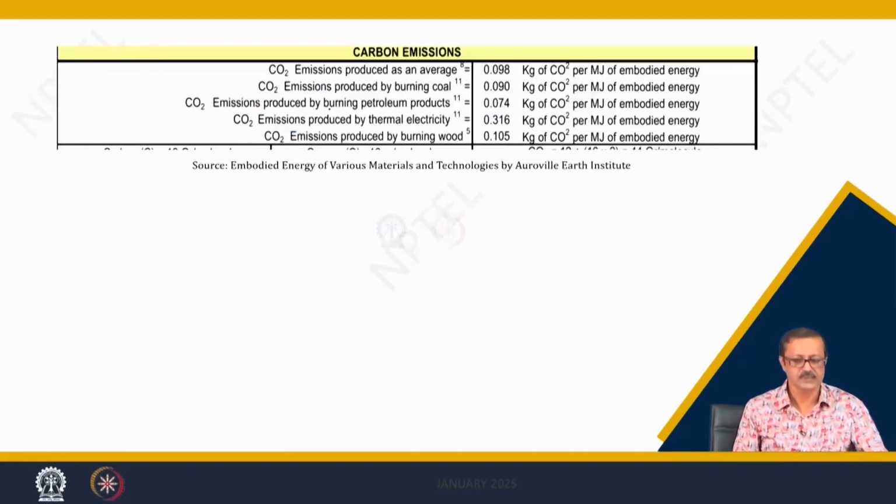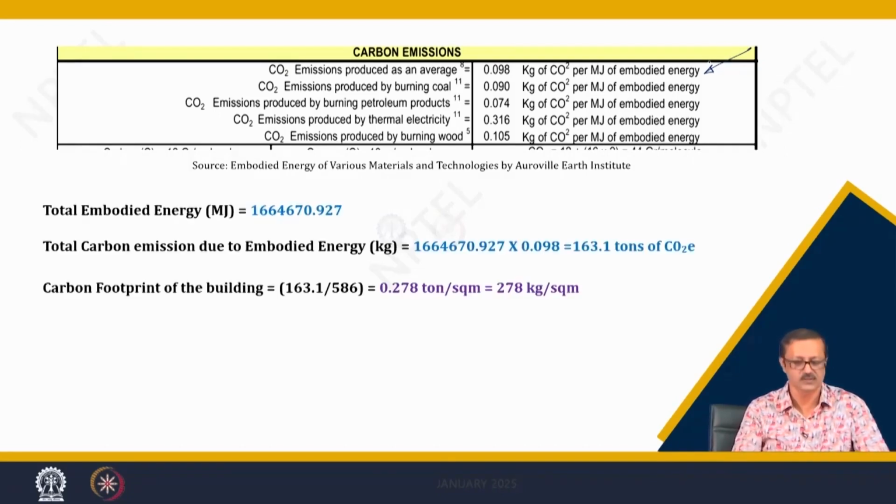The final slide is about carbon emission. The data gives CO2 emission as an average of 0.098 kg of CO2 per megajoule of embodied energy.